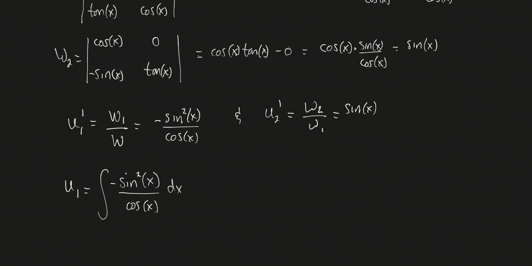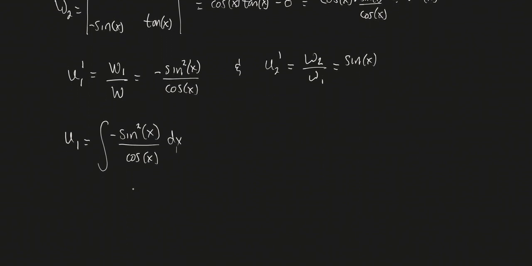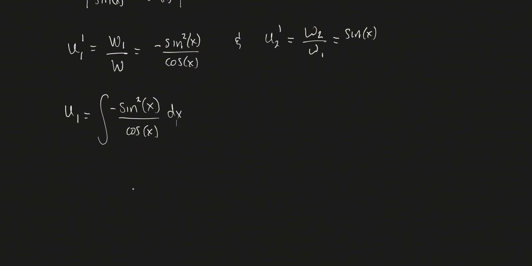I'm going to show you one that goes back to those trigonometric integrals you may have studied previously. We can write the numerator as 1 minus cosine squared. So I'm using that Pythagorean identity and writing sine squared as 1 minus cosine squared. And then this is all over the cosine of x. Well, why am I doing that?